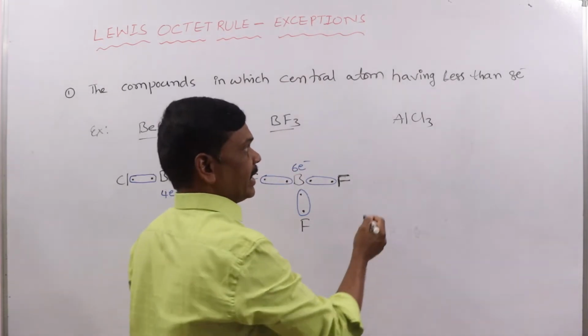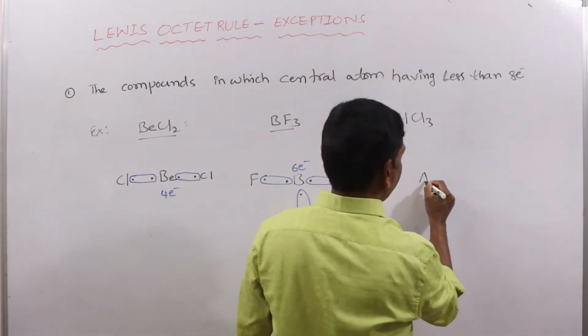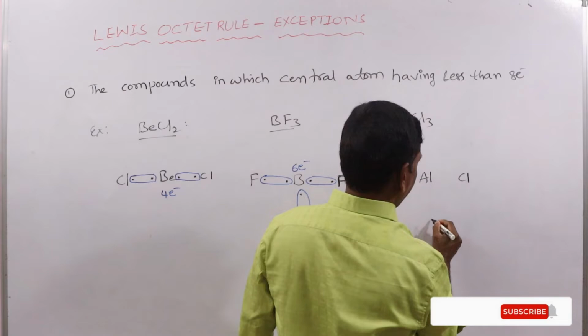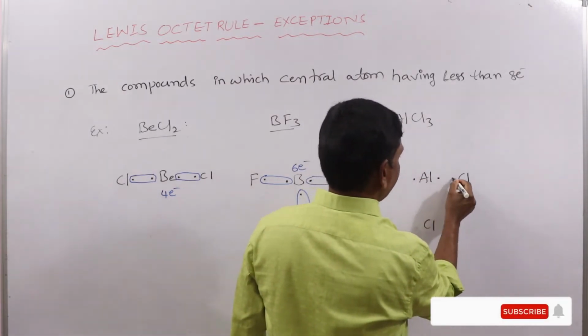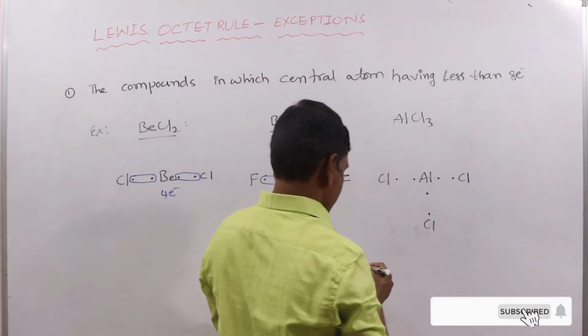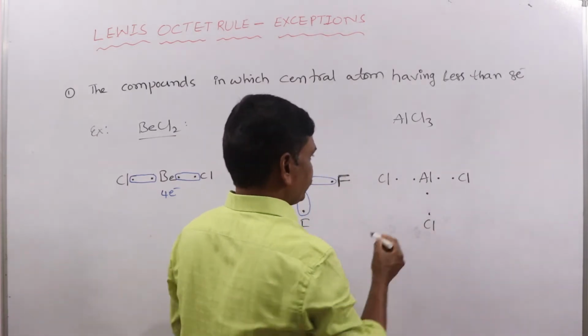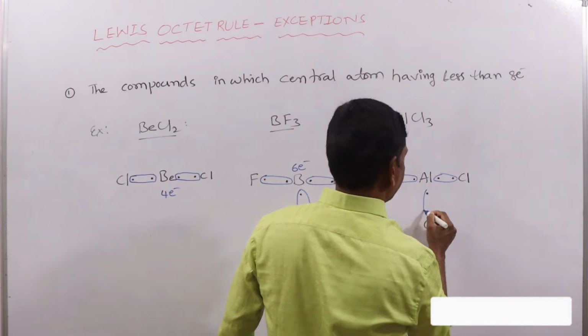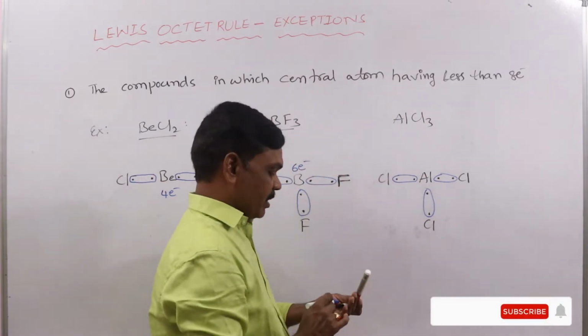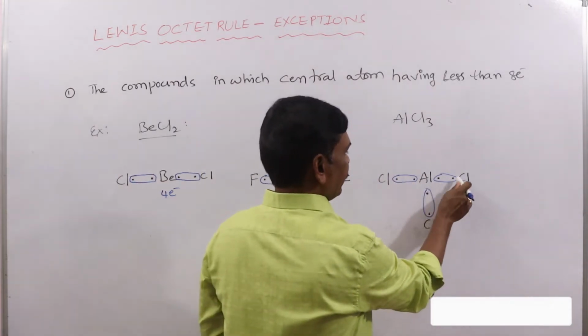Next, another example is aluminium chloride, or aluminium trichloride. Here it is aluminium, chlorine. These are the bonds between aluminium and chlorine: first bond, second bond, and third bond. Here also 1, 2, 3, 4, 5, 6.